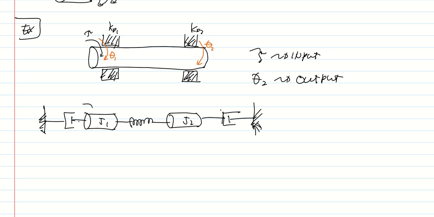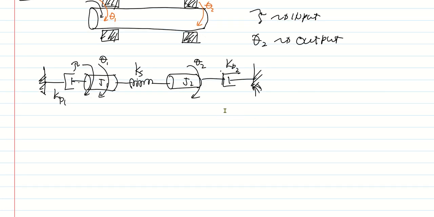And here we will apply our torque tau, and we have an angular displacement theta 1, and also at this part we have an angular displacement theta 2. So it will be KD1, and this is also KD2, and the spring has a spring constant Ks. Determine the transfer function when output is theta 2 and input is torque tau.